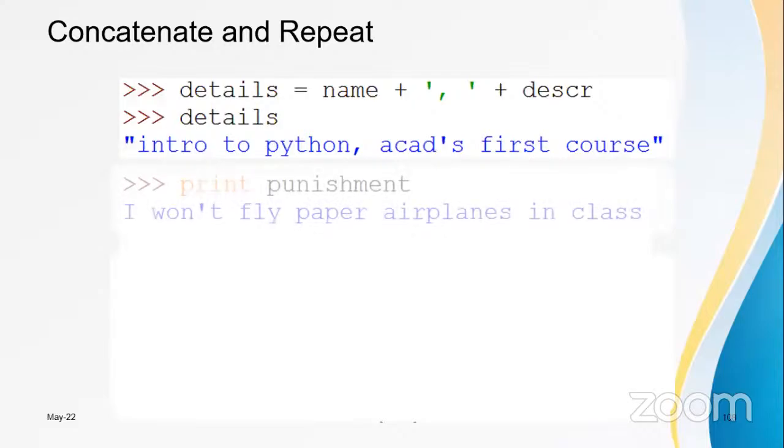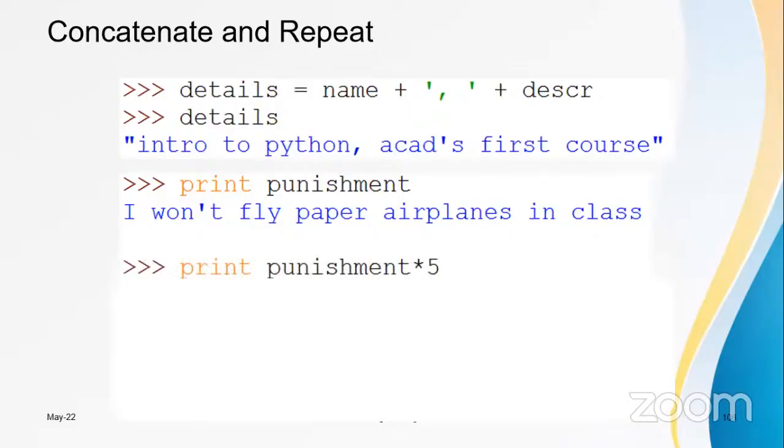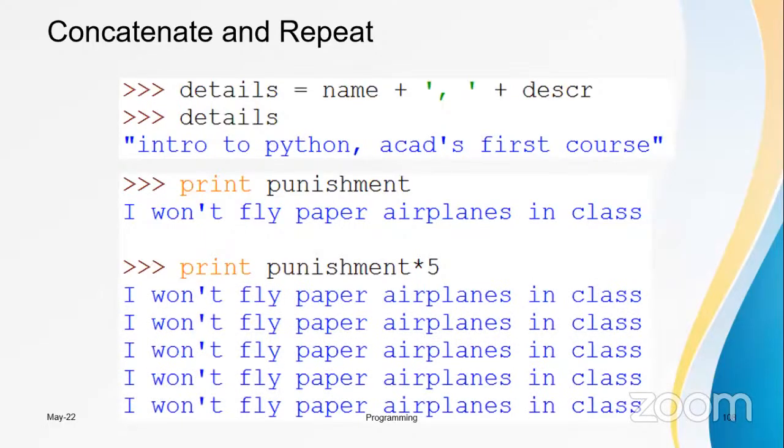Now, print punishment: I won't fly paper airplanes in class. Now, I want to give punishment for 5 people. What will happen? 5 persons will write, I won't fly paper airplanes.